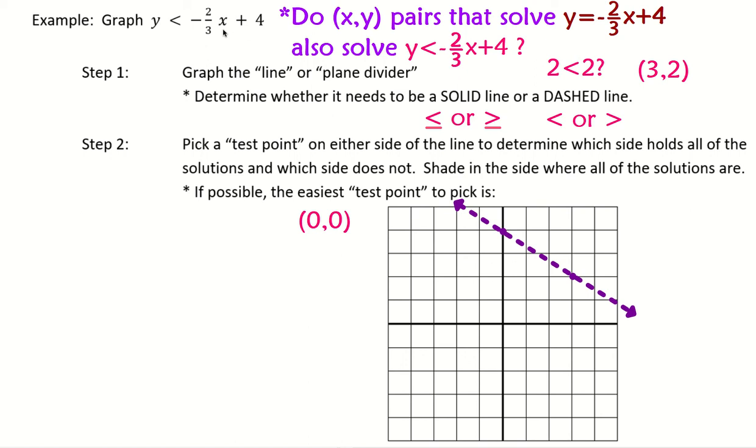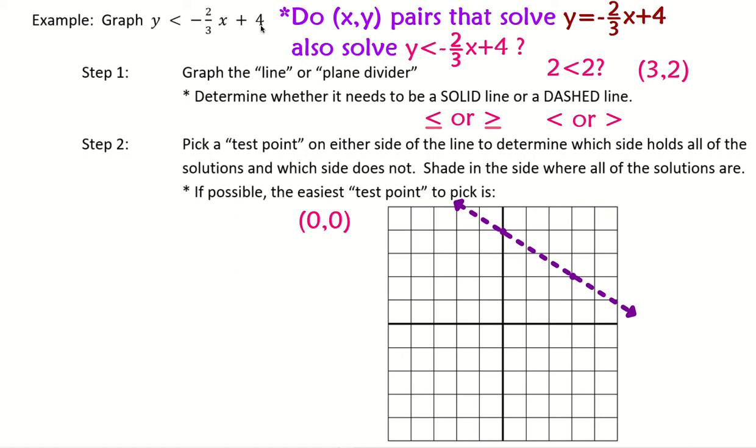So if it's not already in mx plus b form, in order to graph your line, you're going to put it in mx plus b form. So to use this rule of thumb, it's got to be in mx plus b form. That's almost a moot point because it's almost definitely going to already be in mx plus b form.